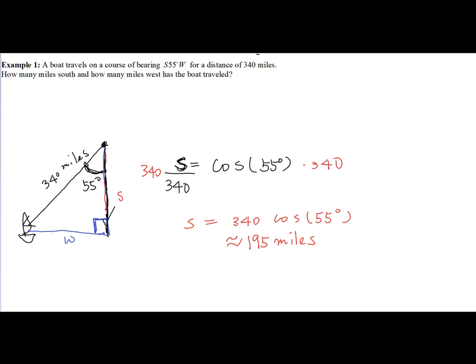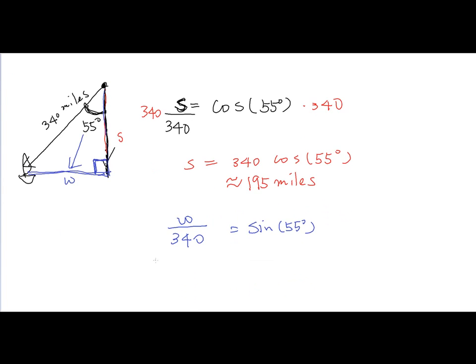Now the direct west distance is opposite the angle 55. So in that case, I would use sine 55 degrees. Sine 55 degrees is the opposite side, which is the direct west distance, over the hypotenuse. So as before, I multiply 340 on both sides, 340 multiplied by sine 55 degrees.